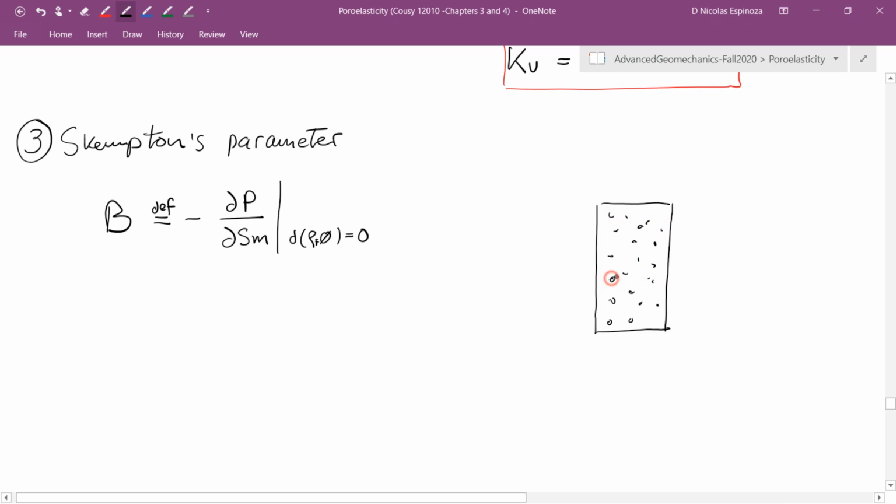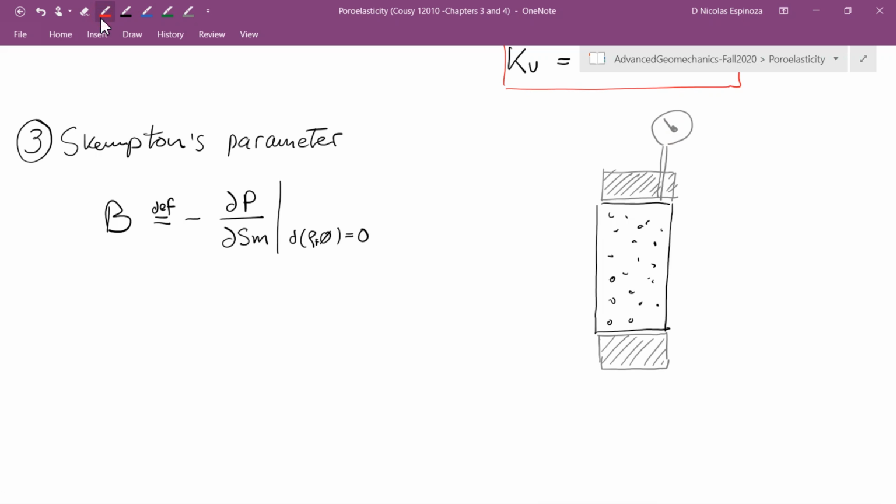we use the Skempton parameter, and basically what is done is to subject a sample to undrained loading, or at least try to subject it to undrained loading. So imagine that here we have a port so fluid can communicate with the fluid within the sample, and here we have a pressure gauge.